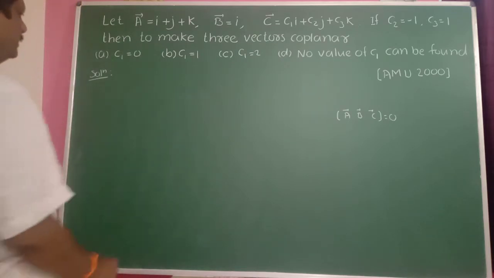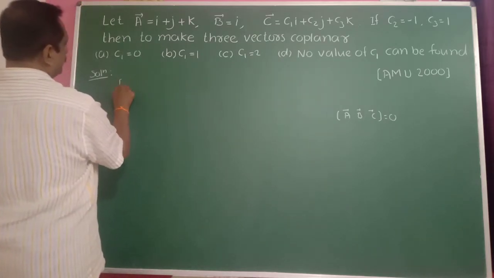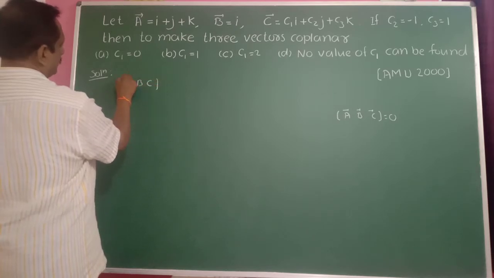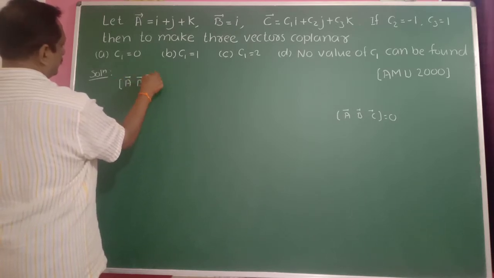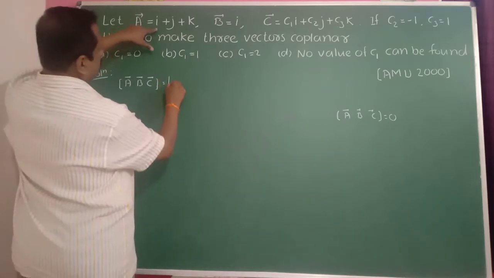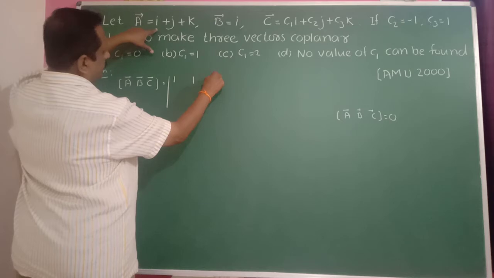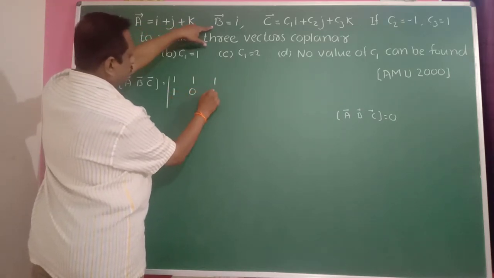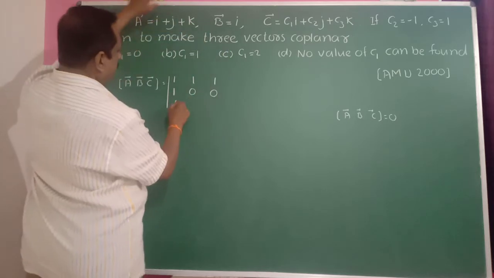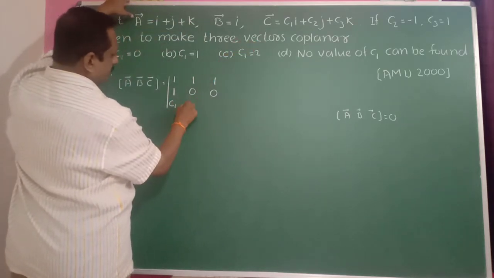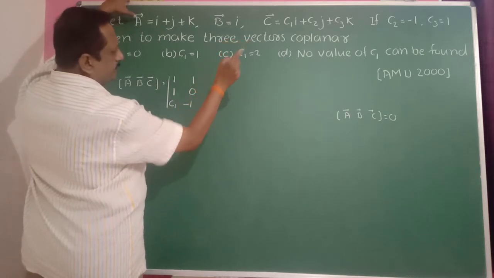So first find the scalar triple product [a, b, c], which is the determinant with vector a bar as 1, 1, 1, vector b bar as 1, 0, 0, and vector c bar as C1, C2 which is minus 1, and C3 which is 1.